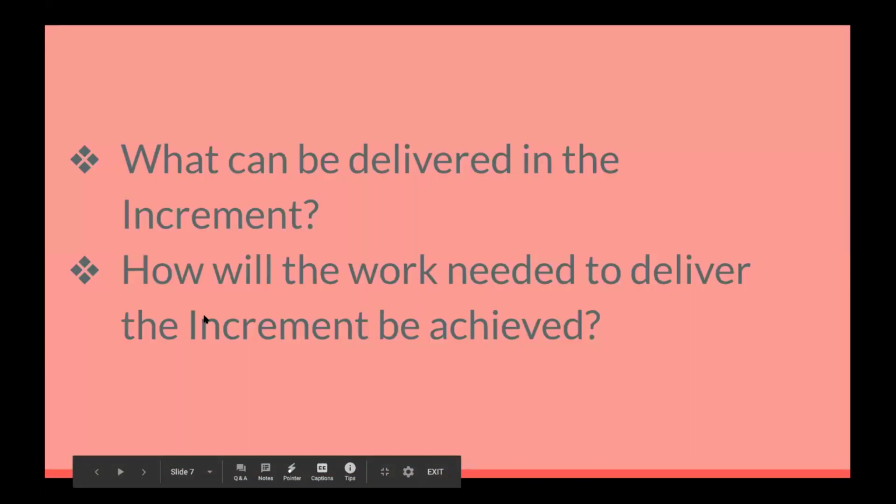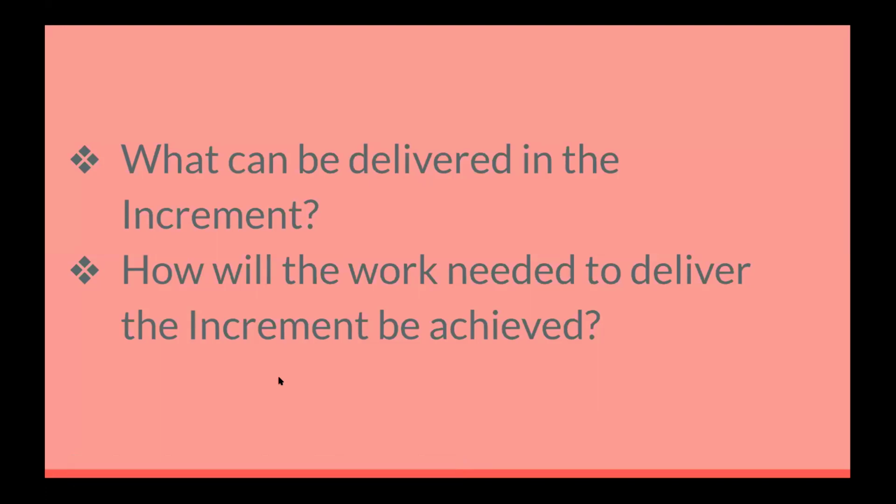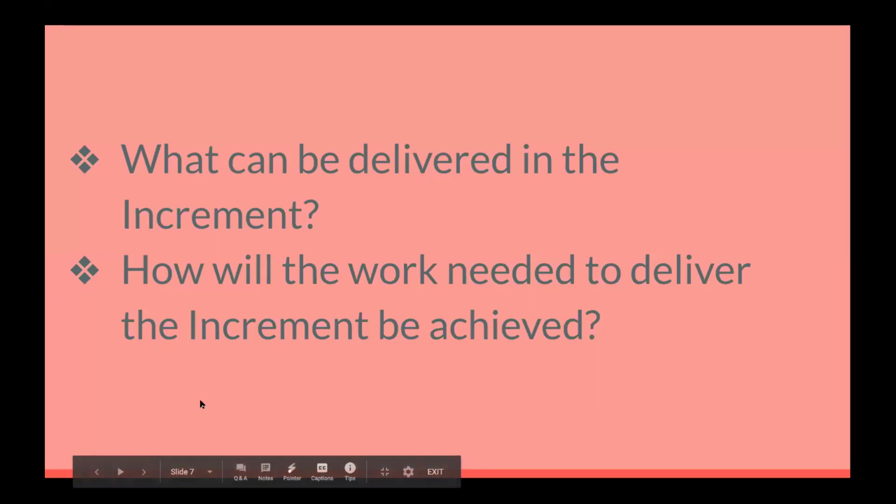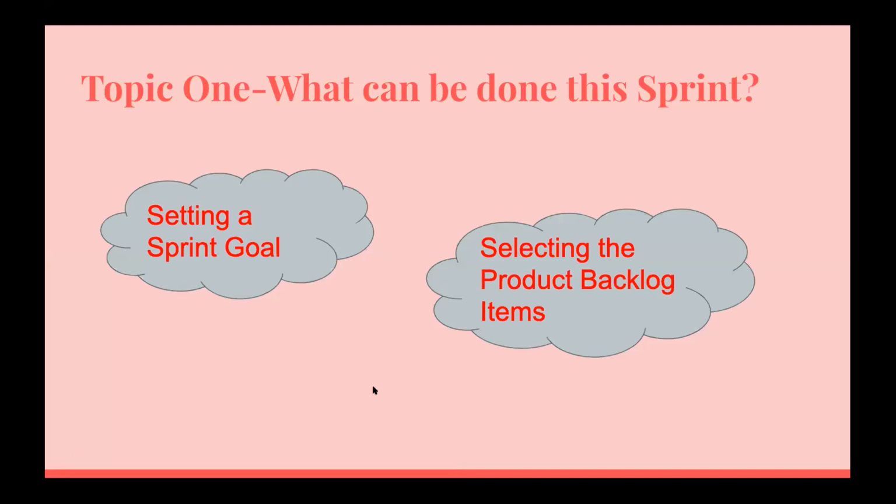And during the meeting, we'll be setting the sprint goal, which is what can be delivered in the increment and how the work needed to deliver the increment will be achieved. So topic 1 is what can be done this sprint.